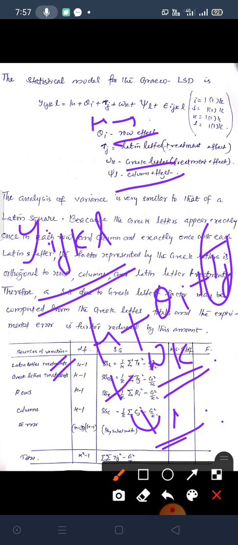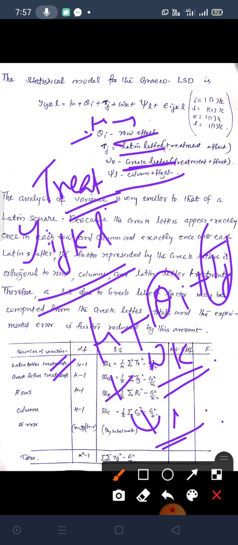So here we have two types of treatments. The first is represented by Latin letters, the second by Greek letters. Then the row effect, then the column effect.